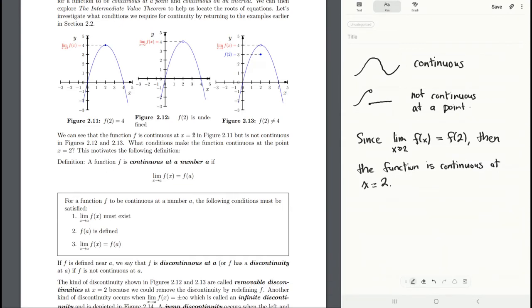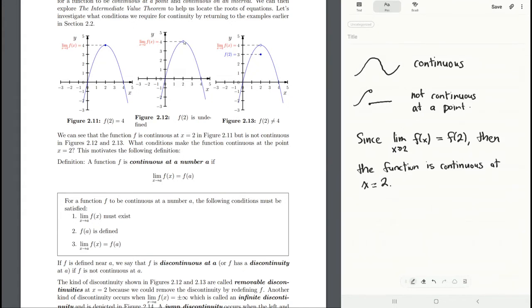So the discontinuities that we see in 2.12 or 2.13 are examples of removable discontinuities. They're called removable discontinuities because we can simply remove the discontinuity by redefining the function. We know that the function was not continuous at x equals 2.